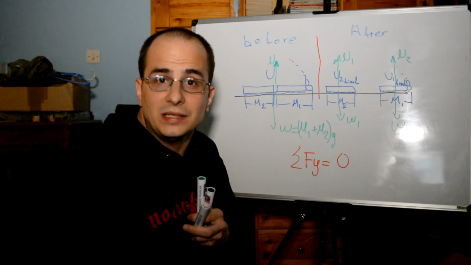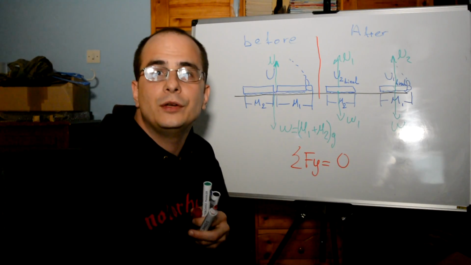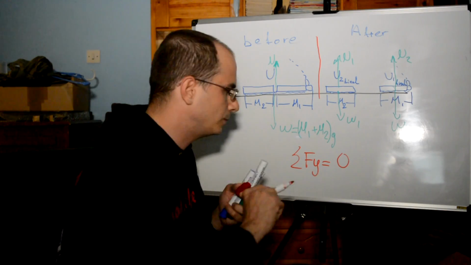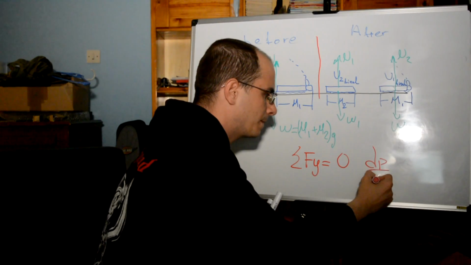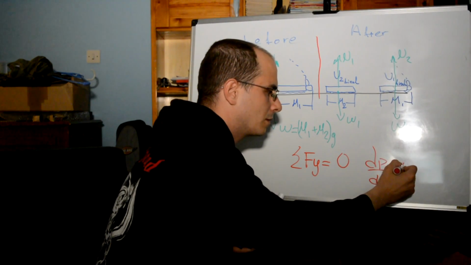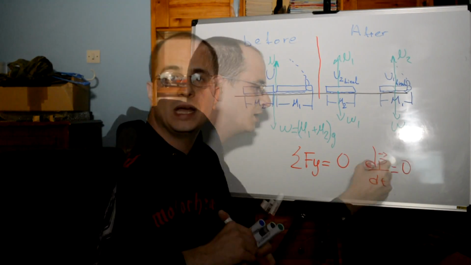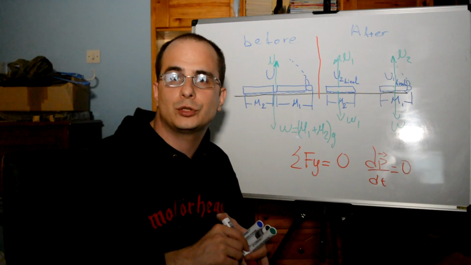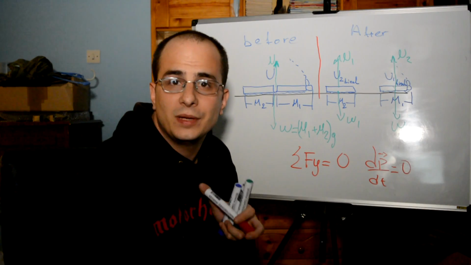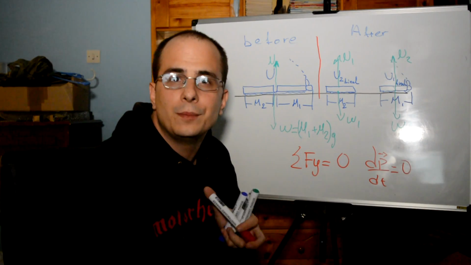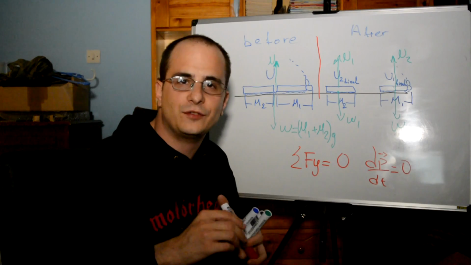Which means that the rate of change of momentum in relation to time is also 0. This is from Newton's second law of motion in its general form. So, that means that the momentum of the system remains the same before and after the separation.